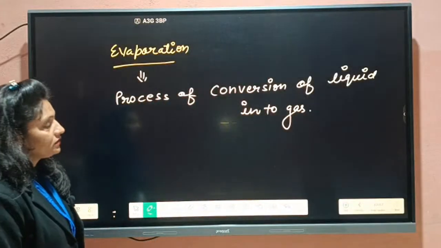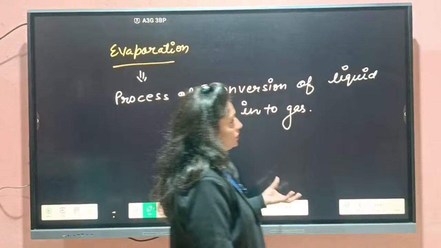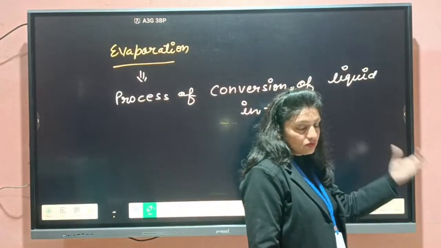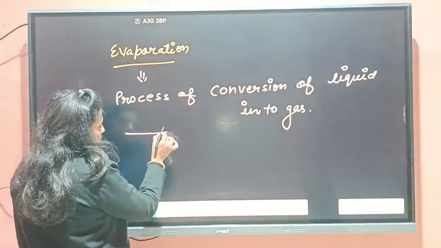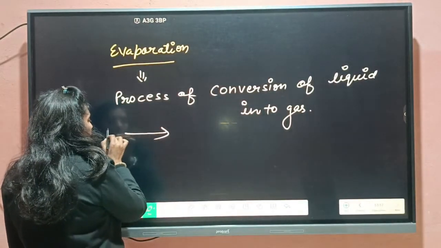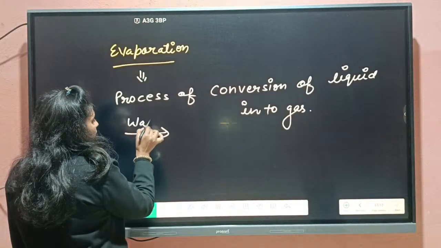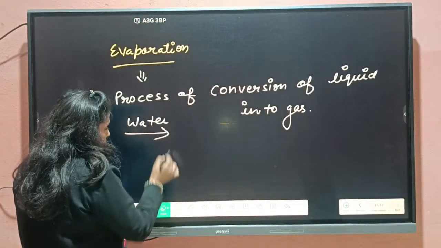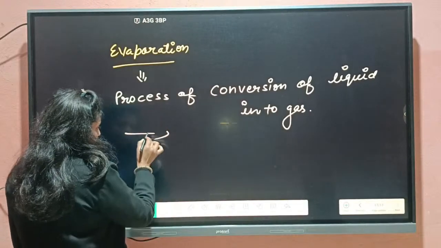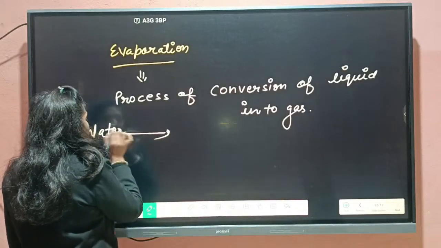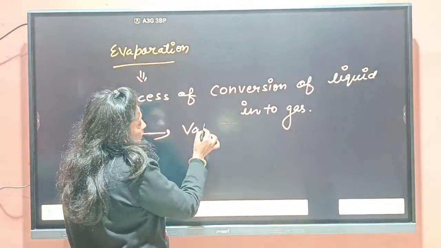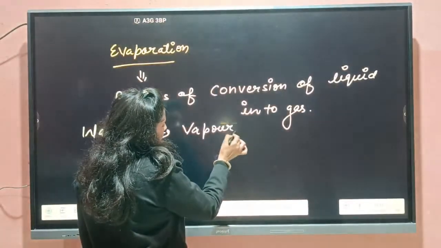That process which is used for conversion of the liquid state into the gaseous state. Like, if we heat water, what will happen? It gets evaporated and converts into vapors.